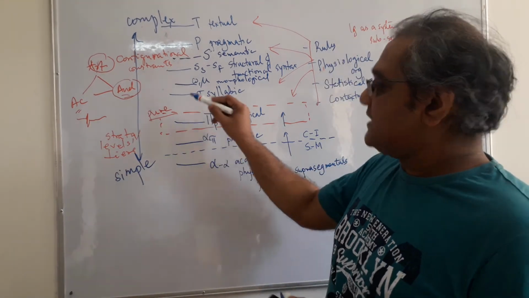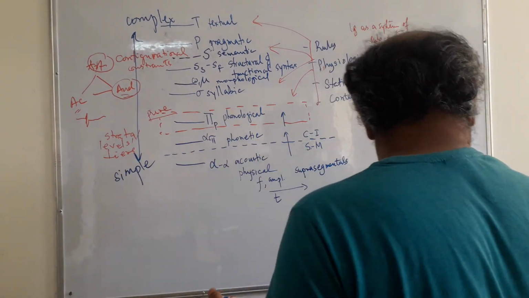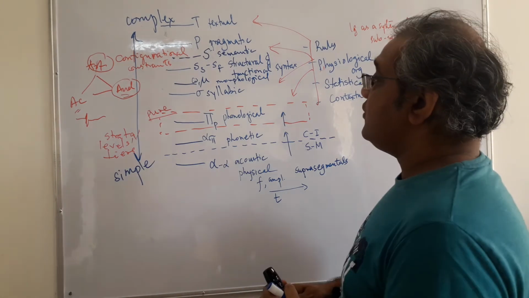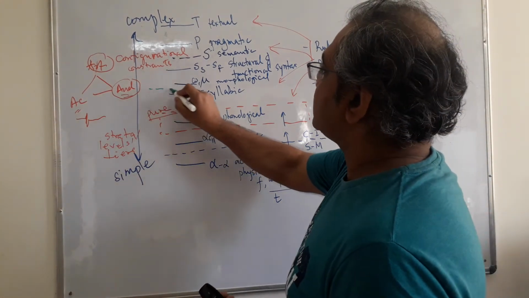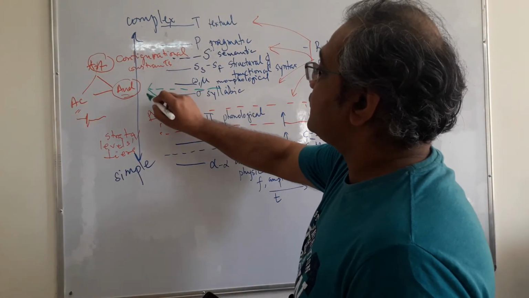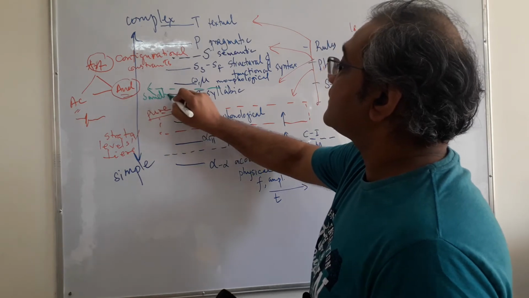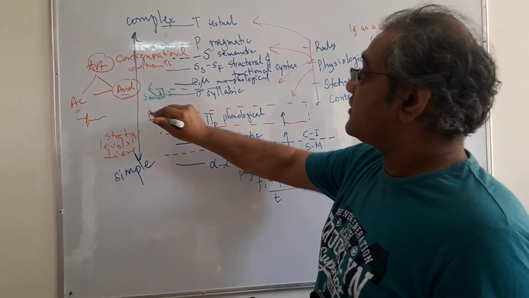So obviously there is some kind of an intermediate level which interacts between the two, where you can have a set of rules over here which are called the Sandhi rules or morphophonemic rules.